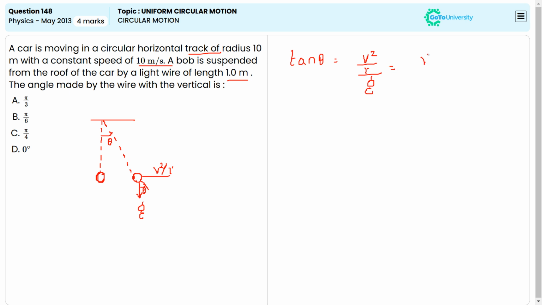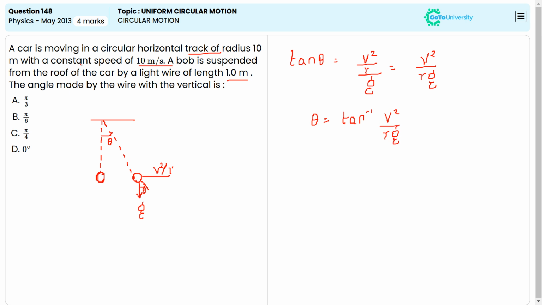Then we can write this as v square divided by r times g. Then theta is equal to tan inverse of v square divided by r into g.